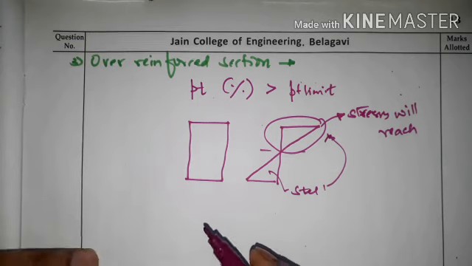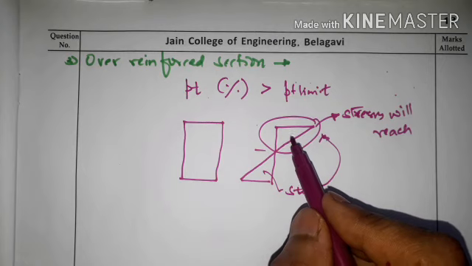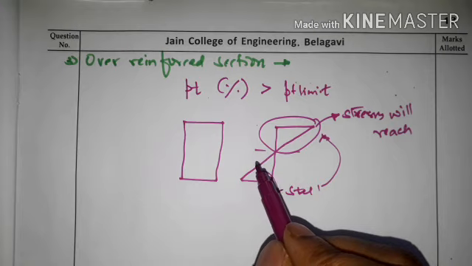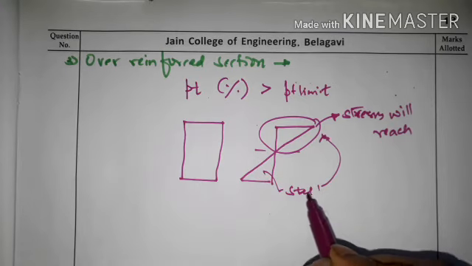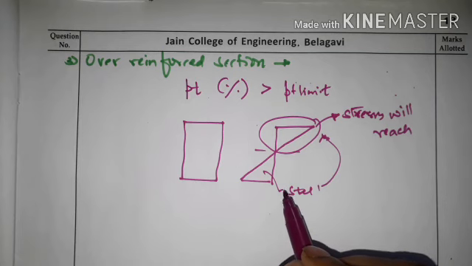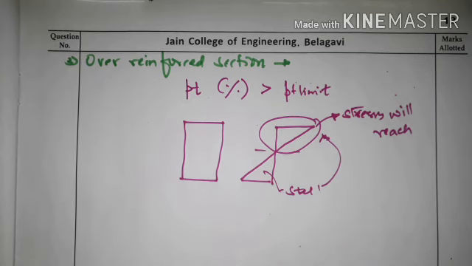So at that time the concrete will fail immediately because of crushing, because we have provided steel more than the PT required, or more than PT limit. So the steel will take tension, but still it has not reached the ultimate value, or the maximum tensile stress.